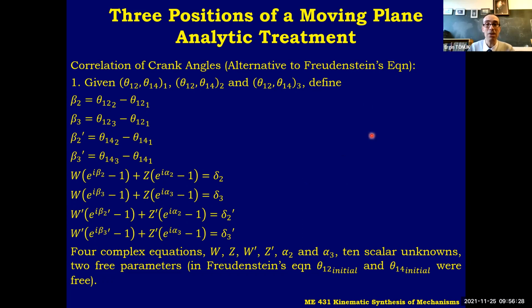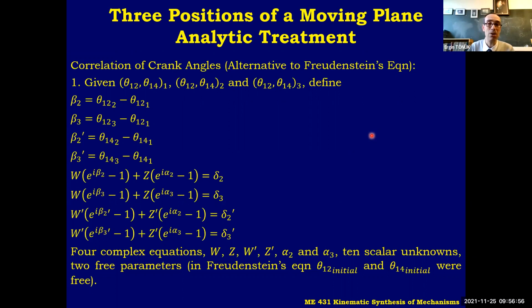What else can we do? Now, one important use is if we would like to determine the center point. In graphical construction, what we were doing was kinematic inversion. In the dyad formulation, we will just rearrange the equations.